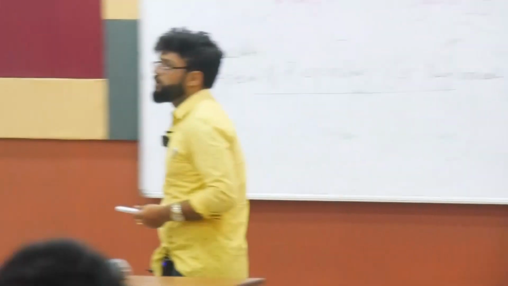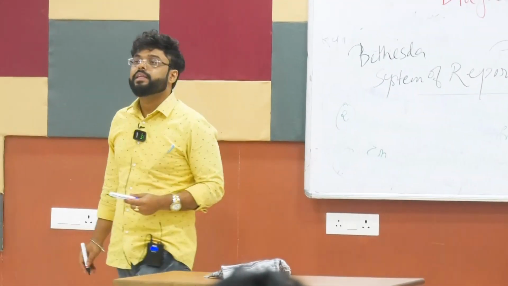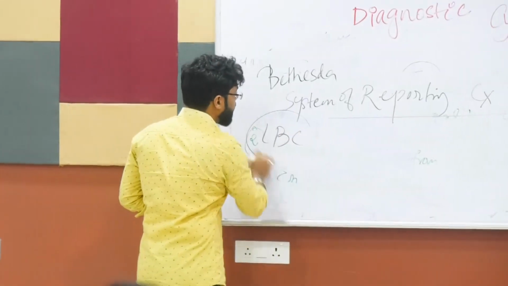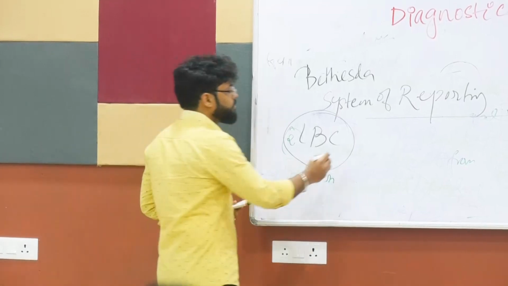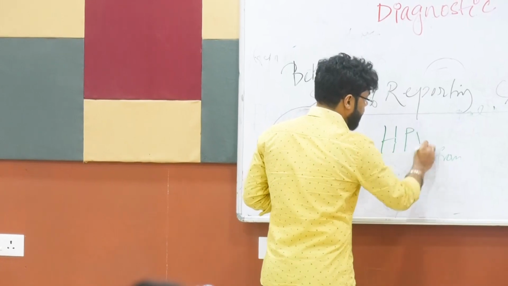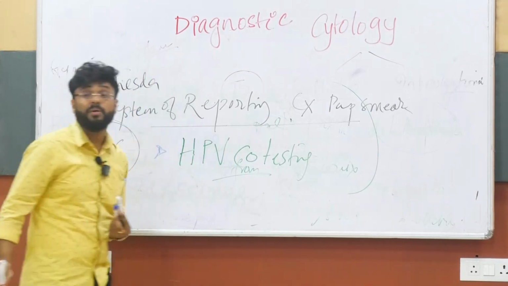Another point: what else can be done from cervical pap smear? Other than identifying the cellular morphology, we can do some ancillary tests, and most importantly from liquid based cytology the ancillary test can be done most easily. The most common ancillary test done is HPV co-testing. Why is HPV very important in terms of cervical cytology?